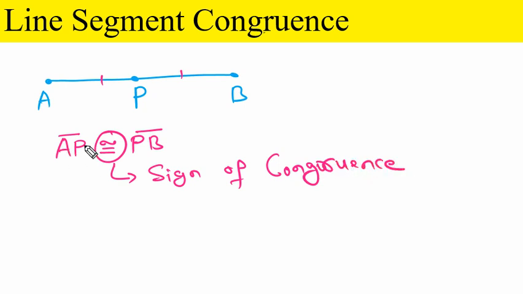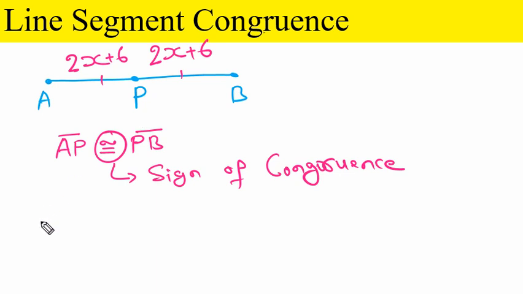What does it mean? It means if this is X, then this will also be X. If this is 2X, then this will also be 2X. If this is 2X plus 6, then this will also be 2X plus 6. That means they will be similar, or kind of equal.